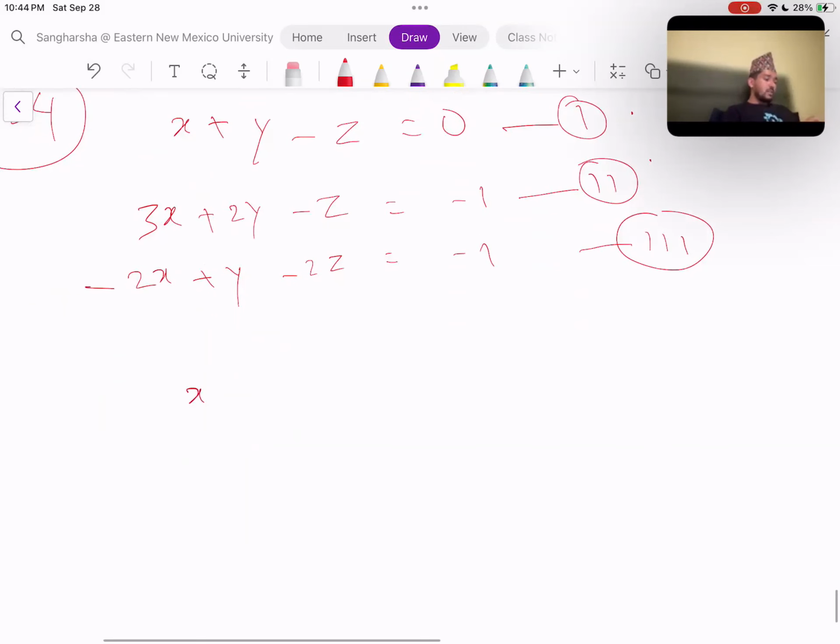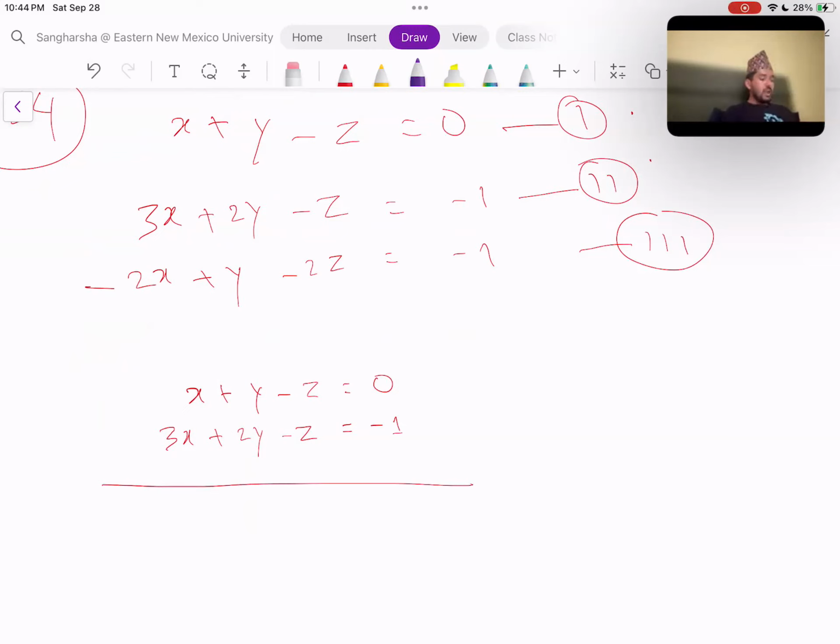So our 1 is x plus y minus z equals 0. And 2 is 3x plus 2y minus z equals -1. Now, do we add here or subtract? If you add, none of the variables is eliminated. But if you subtract, the sign of the second equation changes. So 3x changes to -3x, positive 2y changes to -2y, negative z changes to positive z, and we can eliminate z.